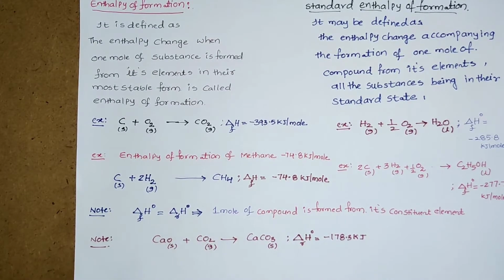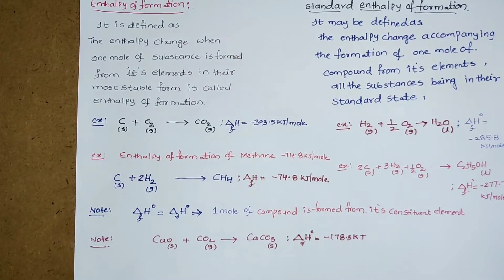bar pressure. Now my question is, whether this standard enthalpy of a reaction is equal to the standard enthalpy of formation or not. In order for the enthalpy of a reaction to be equal to the enthalpy of formation, 1 mole of a substance has to be formed. Here also 1 mole of a substance is formed.